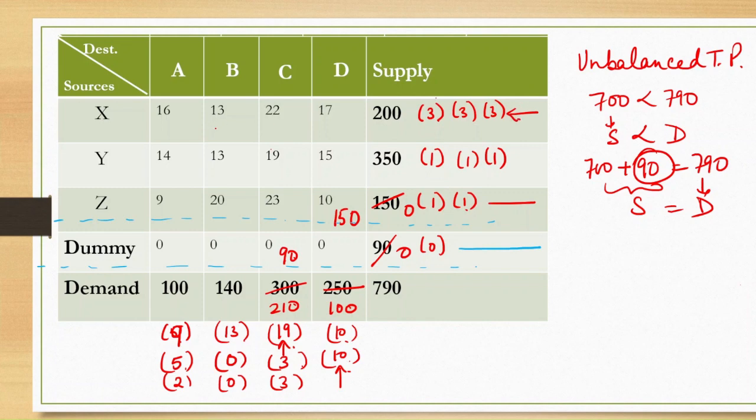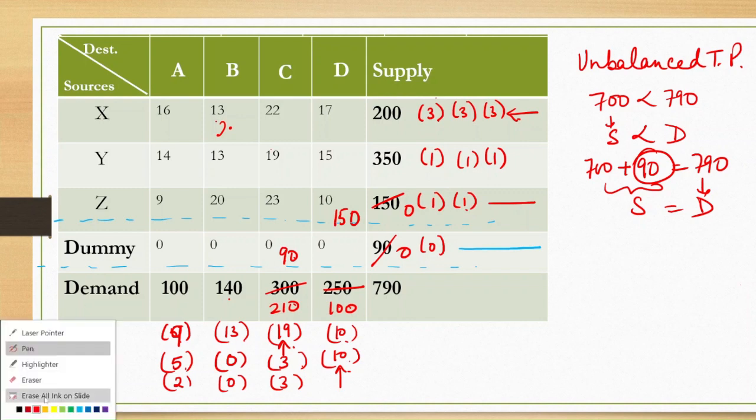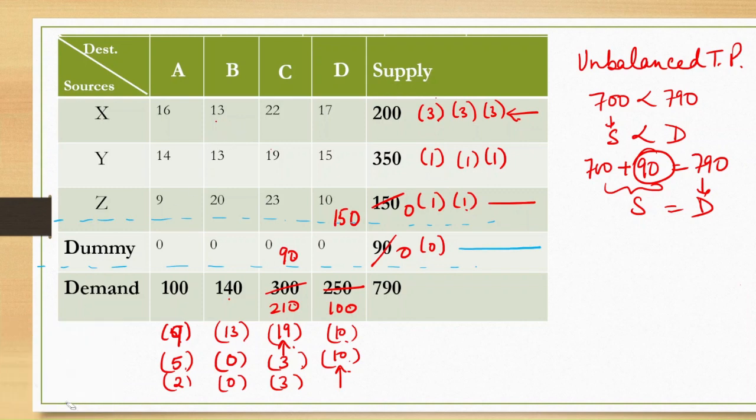So the lowest cost is 13. In this particular cell, 140 is the demand and 200 is the supply. 140 is the minimum. So I'll be allotting 140 units here. This becomes 0 and this is 60.